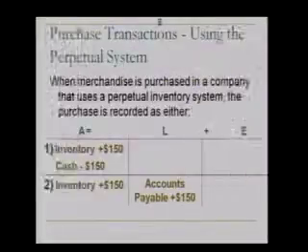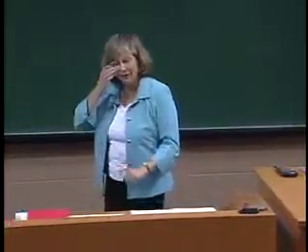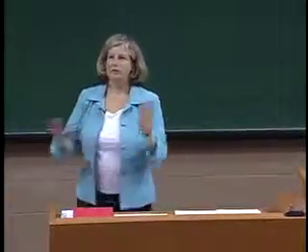Good. All right, let's look at the other types of transactions you're going to see in a merchandiser. These were all selling transactions, sales transactions. The merchandisers also have to get in their merchandise somehow by purchasing it. And we're going to assume perpetual system throughout the chapter.